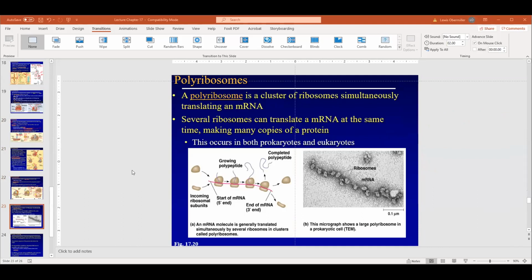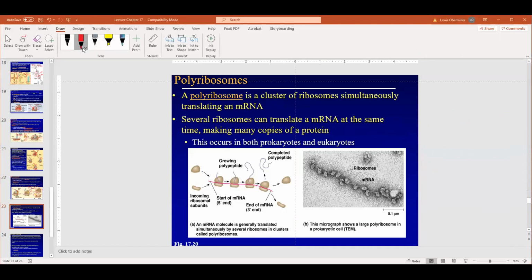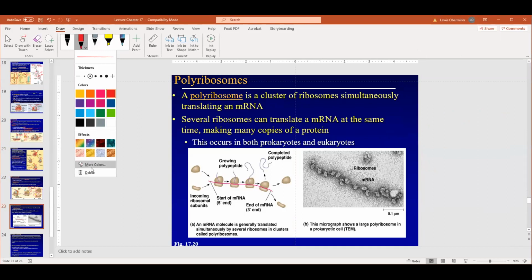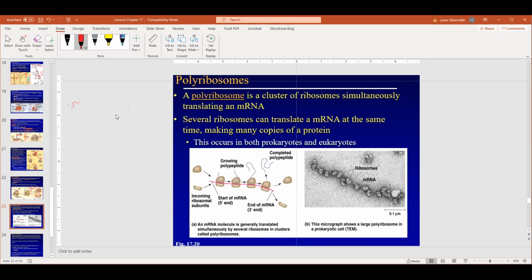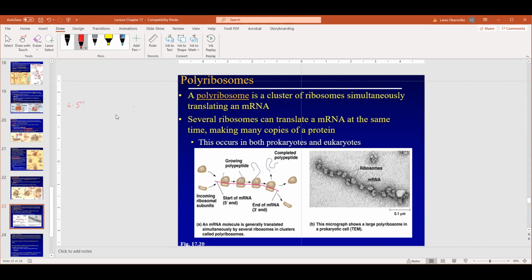And so if you have a messenger RNA that's in the nucleus, and then it leaves and goes into the cytoplasm, we would have the 5' end with the G cap on it, and then the 3' end with the poly A tail.